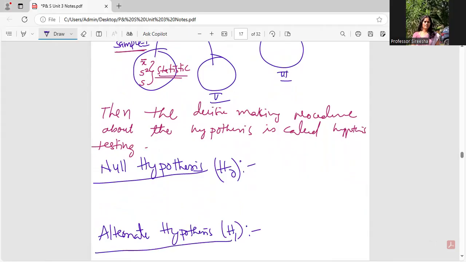Let's see what the null hypothesis is, guys. Whatever the statement that is made, you take it as it is. That would be called the null hypothesis.